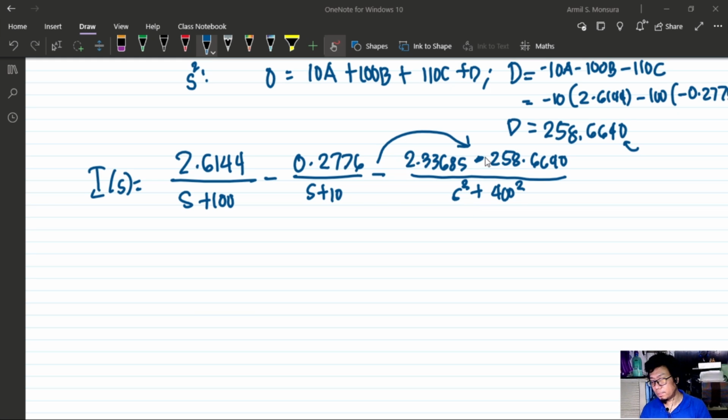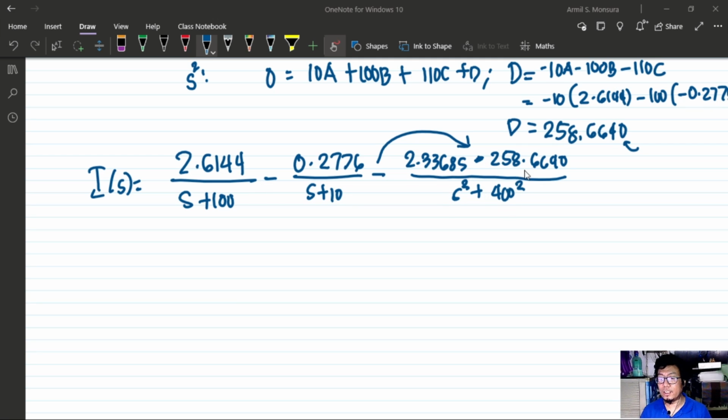I have written this as positive earlier. Since d is positive, and I made this negative, if I distribute this negative sign into this and into this, c should end up as negative, and this should end up as positive. So therefore, this should be negative. So this is a time domain exponential, and this is also a time domain exponential.